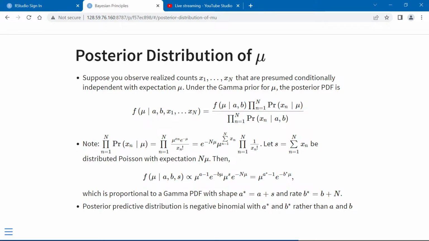So this is very much along the lines of beta and binomial, except now we're in a situation in which the data are unrestricted counts. There's no upper bound on them. And consequently, the expectation is just some positive real number, without being bounded between 0 and 1. But this is still a relatively simple case, with just one parameter.